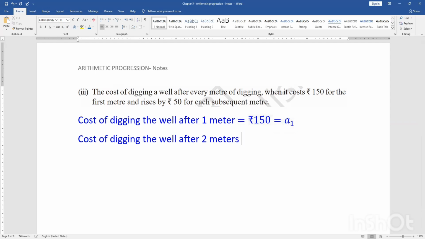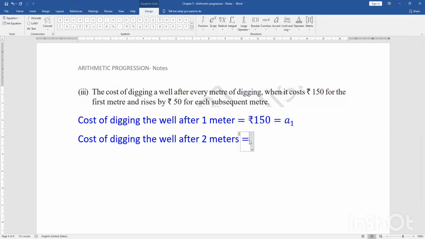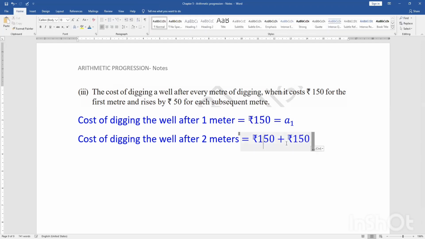We take this rupees 150 and add rupees 50 to it.